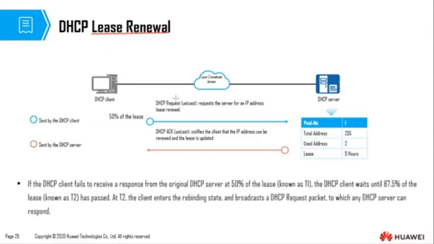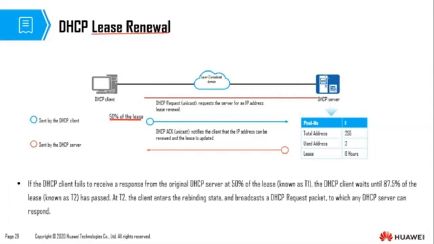So how is that done by your machine? What happens is this: at 50% of the lease, so if it's 24 hours, then at 12 hours, we are going to send a DHCP request packet, which is unicast. The purpose is to request the server for an IP address lease renewal.